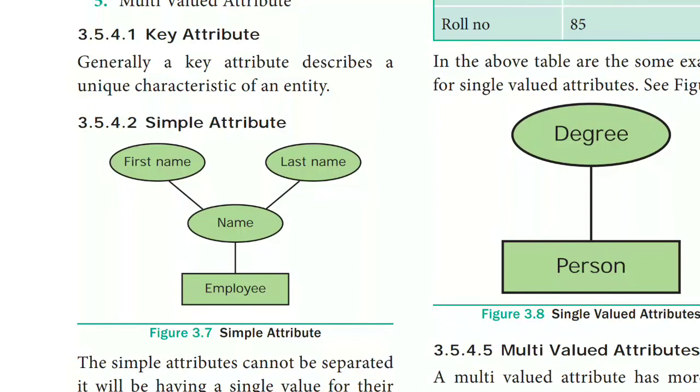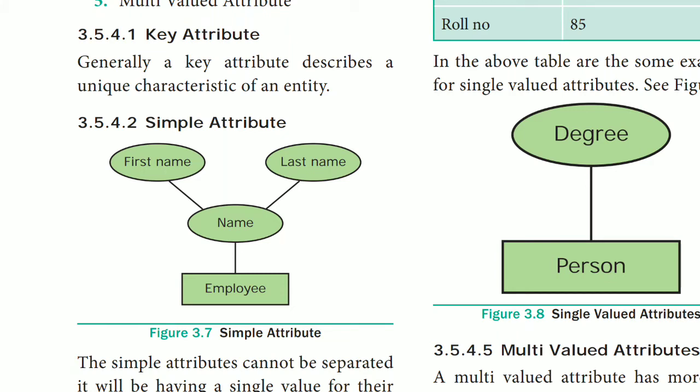Employee is a strong entity. Here you can see figure 3.7. Employee is a strong entity. It has one attribute, that is the name of the employee. Here you can see that name is subdivided into subcategories, that is first name and last name.